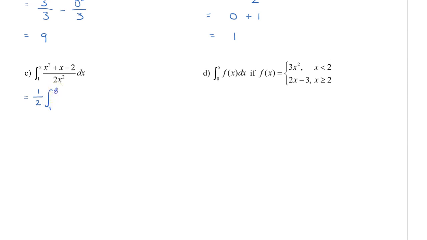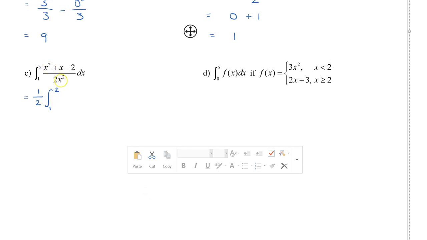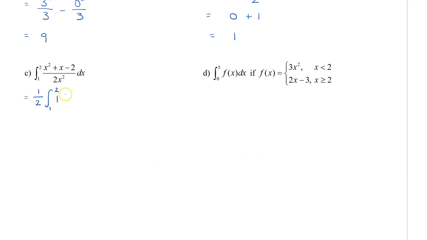And we have the integral from 1 to 2. So I have x squared divided by x squared, which is 1, plus x divided by x squared, which gives 1 over x, minus 2 over x squared. I'm going to rewrite this as negative 2 x to the negative 2, and then we have dx.